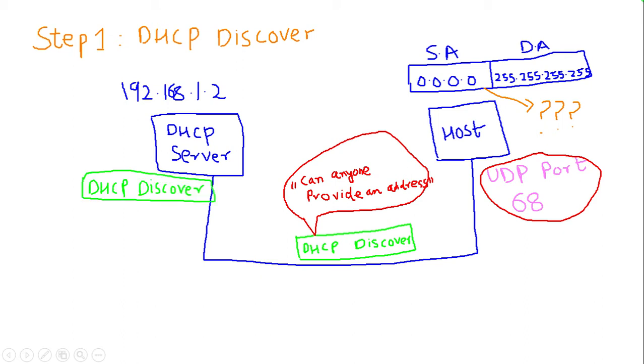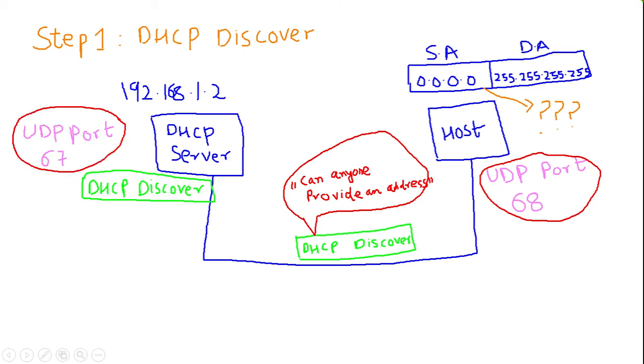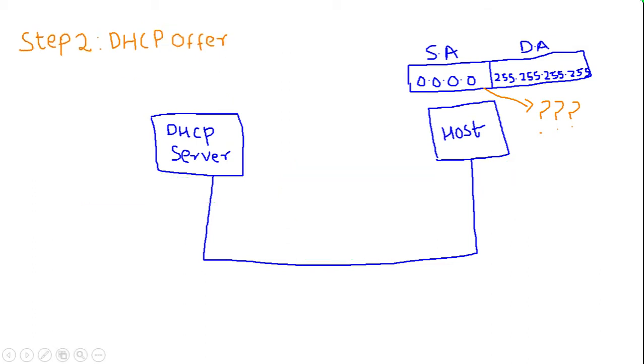As this message reaches the DHCP server, the port number involved is 67. So the UDP port involved in the case of the server is port number 67. This message finally reaches the DHCP server.